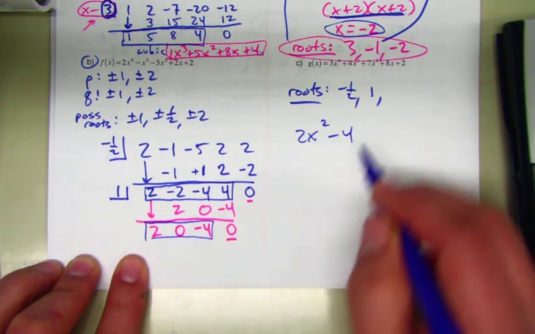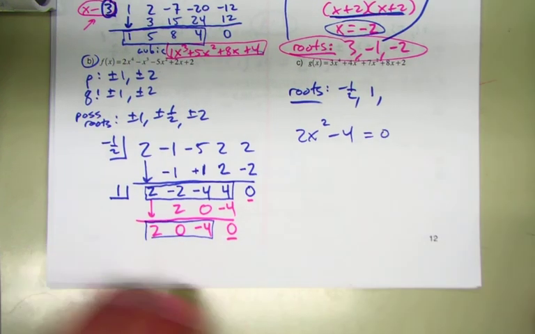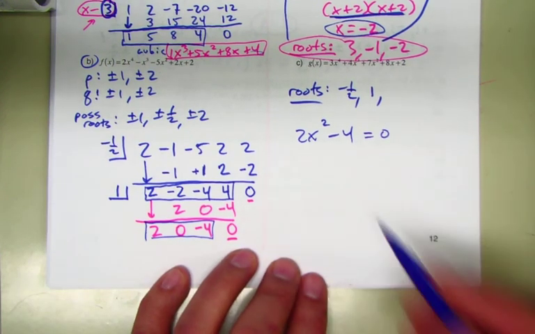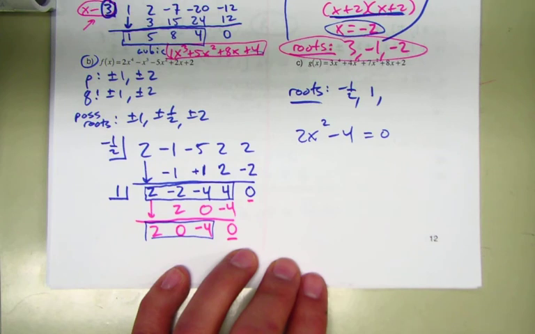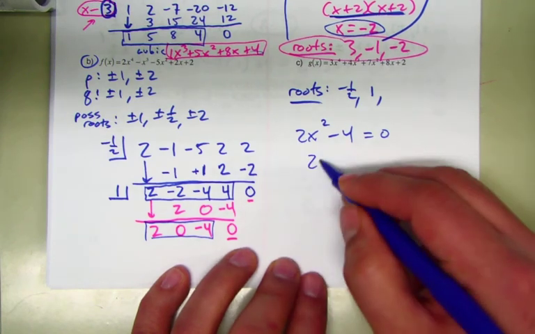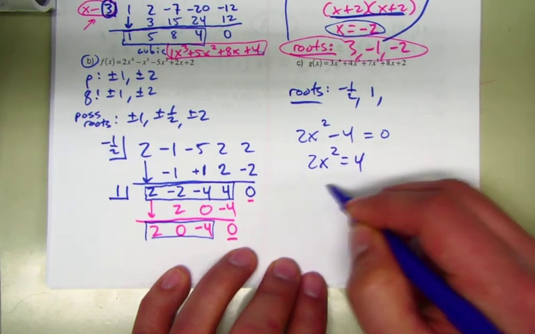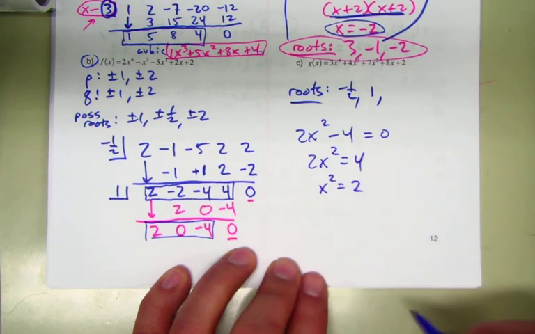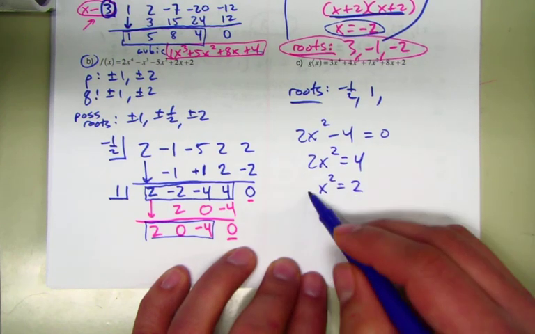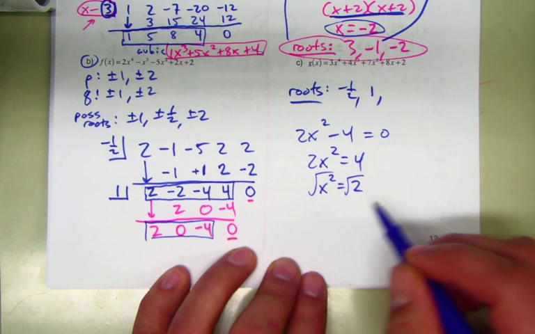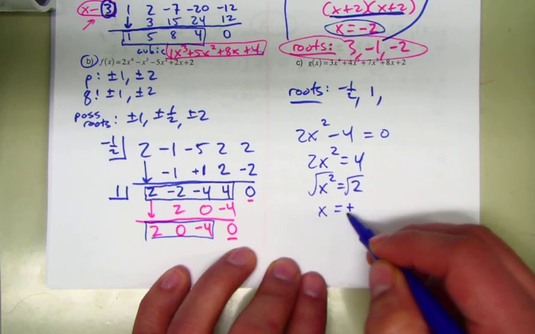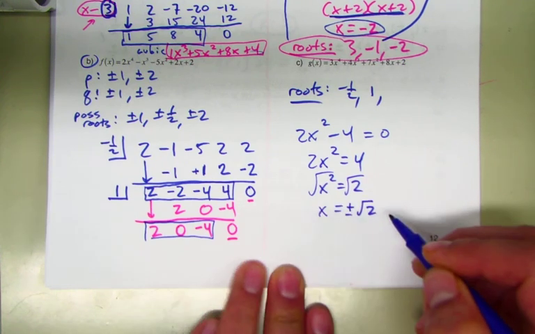Does that make sense? And now you can either factor that or solve. We can solve by getting x alone for that one, right? Just add 4, divide by 2, and square root it. And we get, very good, plus or minus the square root of 2.